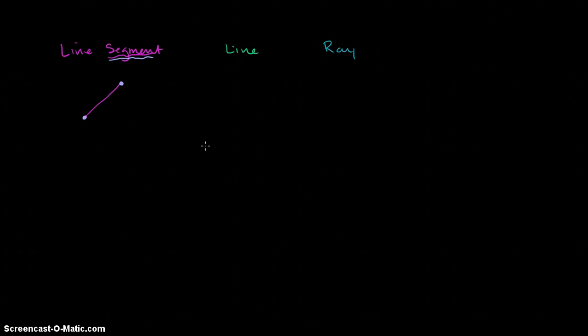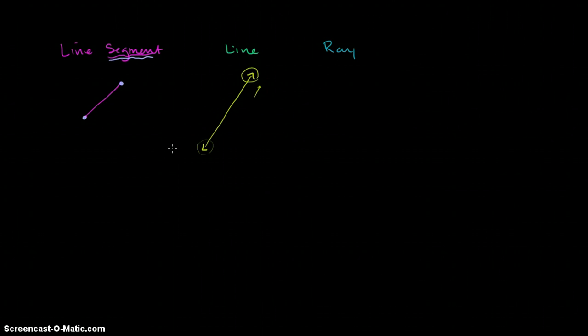So a line would look like this. And to show that it keeps on going on forever in that direction right over there, we draw this arrow. And to keep showing that it goes on forever in kind of the down left direction, we draw this arrow right over here. So obviously, I've never encountered something that just keeps on going straight forever, but in math, that's the neat thing about math, we can think about these abstract notions.